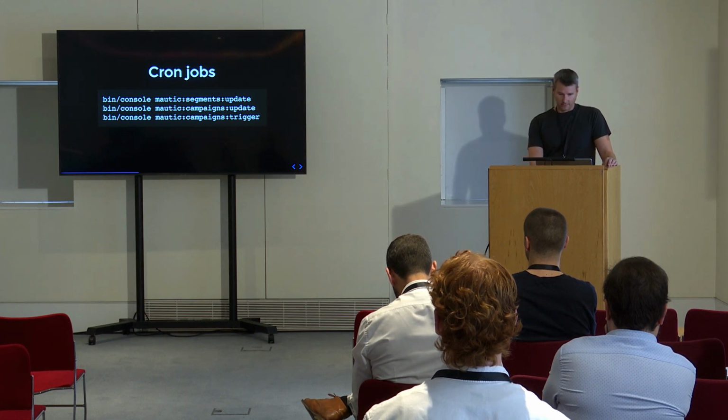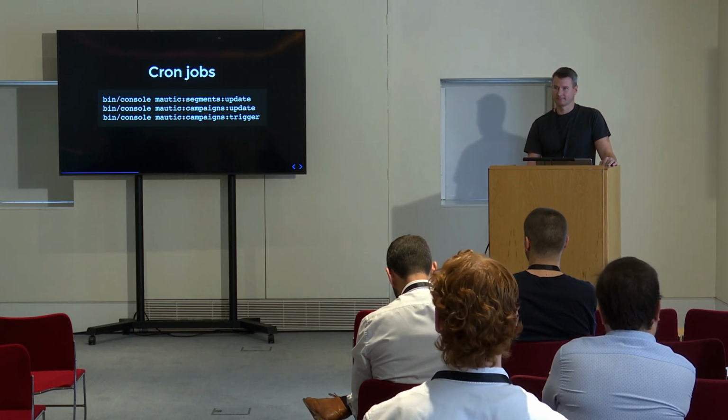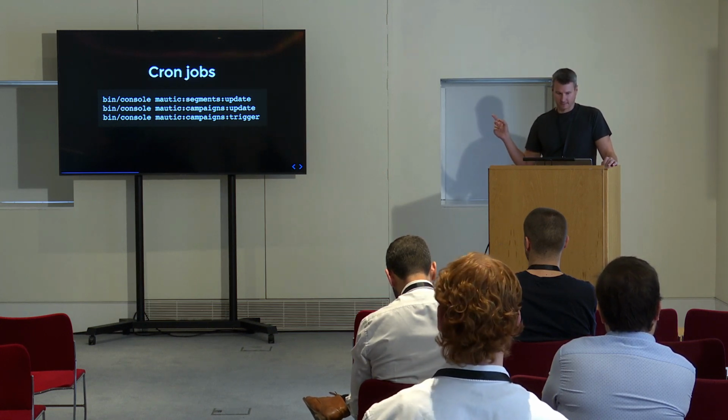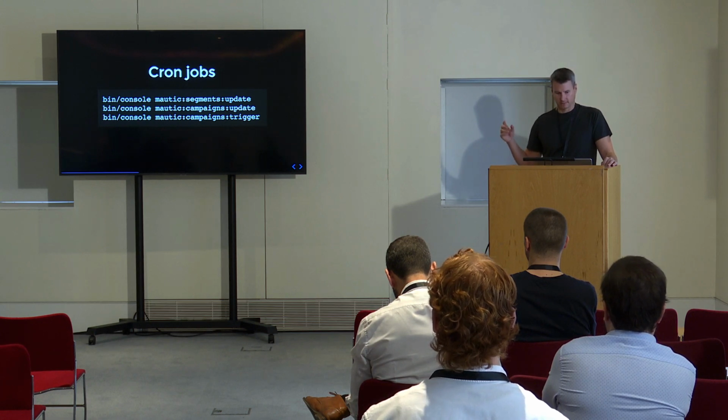And it might be too late, or you know the feeling when you fill in a form and you're waiting for your, I don't know, invoice or a ticket to arrive. And with this first command, you are updating all the segments for all the contacts all the time. So it's very expensive.